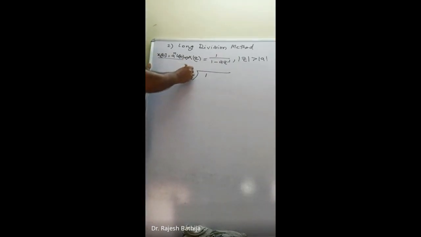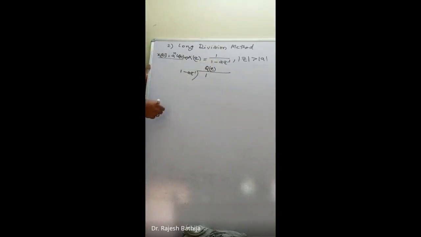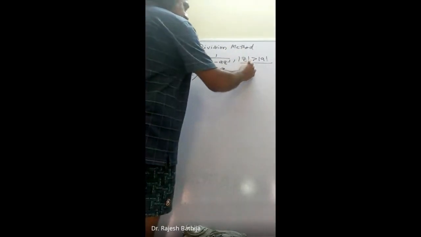We have to write the denominator polynomial in the order maybe same as whatever is given, or maybe reversed, such that the quotient polynomial comes in the form of a power series which involves only either positive z powers or only negative z powers. Here the ROC is given as mod of z greater than mod of a, which means it is a right-sided signal.